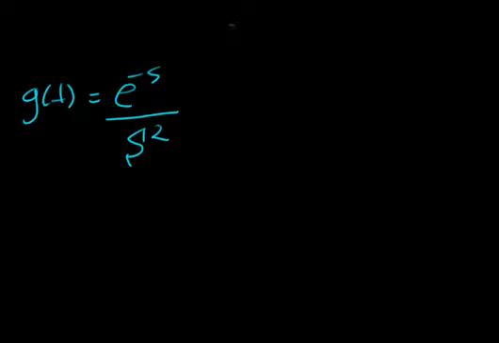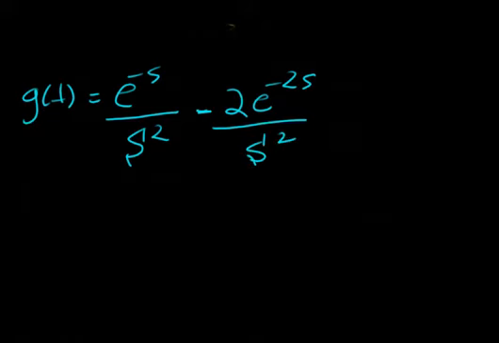I showed how to do it, and the rest will be, actually this is a negative, so minus 2e to the negative 2s over s squared, plus e to the negative 3s over s squared.